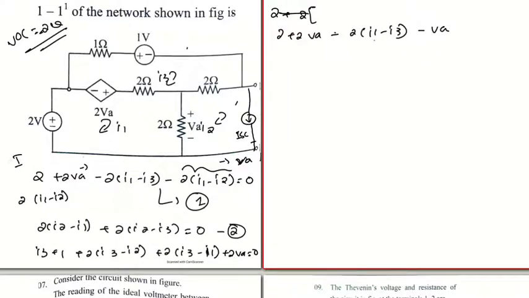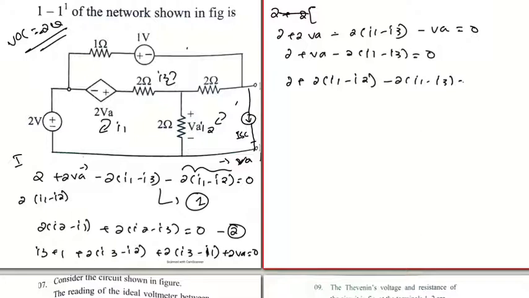It is simply VA. So if I write this, it will be 2 plus VA minus 2 into I1 minus I3, which is equal to 0. So it will be 2 plus 2 into I1 minus I2 minus 2 into I1 minus I3 equal to 0. So it will be 2I1 minus 2I2 minus 2I1 plus 2I3 equal to minus 2.